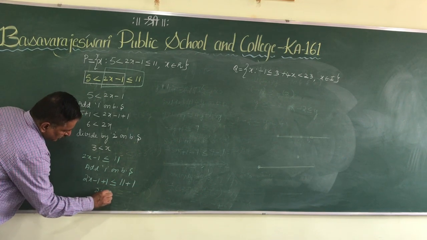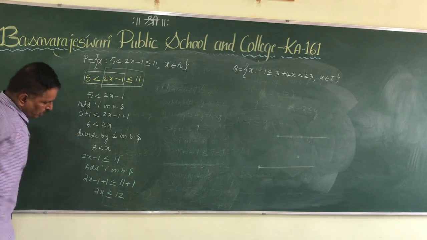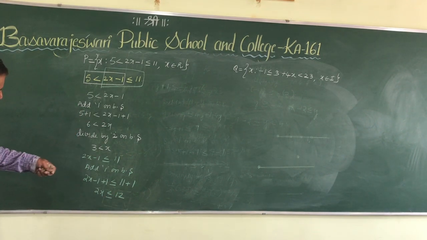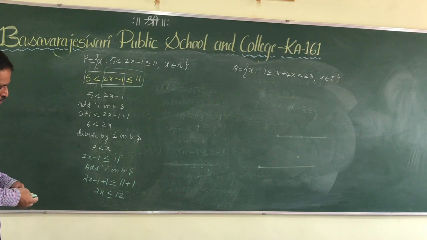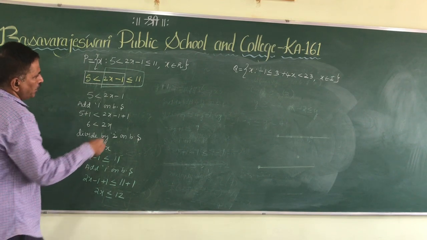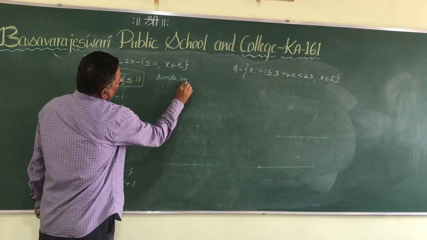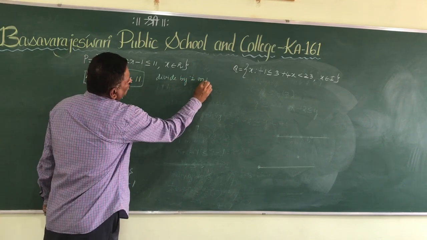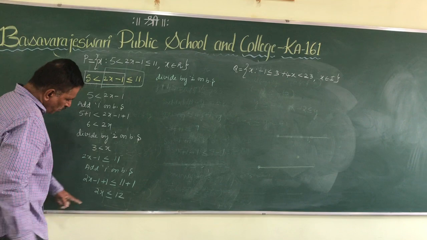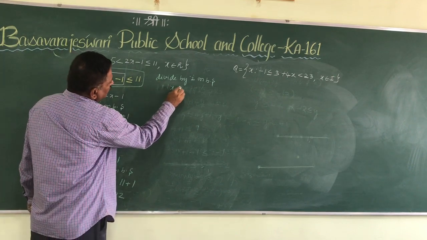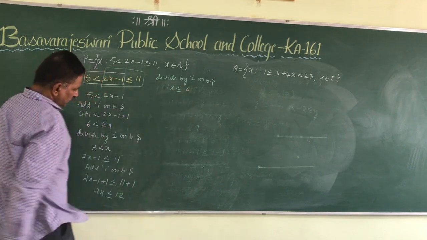So 2x is less than or equal to 12. Then divide by 2 on both sides. So thereby I will get x is less than or equal to 6.